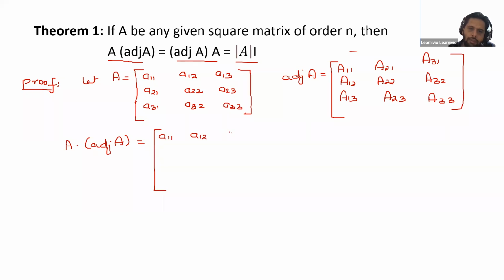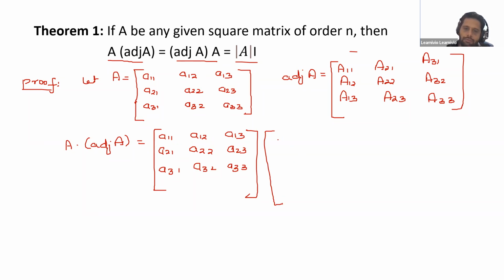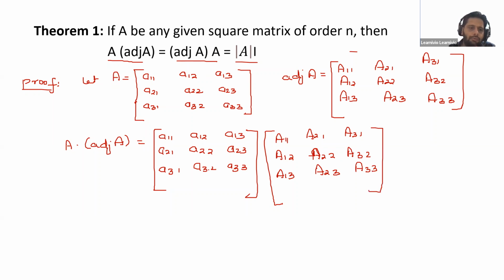A11, A12, A13, A21, A22, A23, A31, A32, A33, into adjoint of A. So that is A11, A21, A31, A12, A22, A32, A13, A23, A33. Now after this is A into adjoint of A.